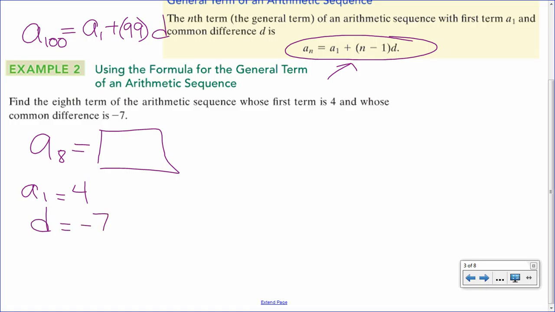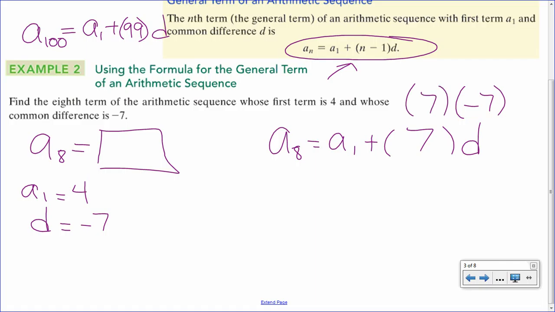So using our formula right here, we're finding a sub 8. So we will need a sub 1 plus, how many times are we going to add or subtract the difference? 7. Very good. Is it negative 7? Well, actually, the negative will come here, and this will still be 7.